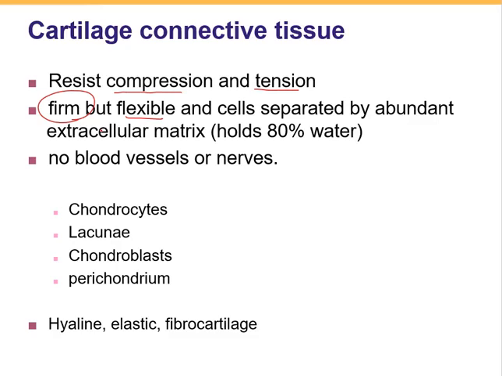Cartilage consists of cells and extracellular matrix, as it is a connective tissue. So we have to define cells and extracellular matrix for the cartilage. The main cells of the cartilage are called chondrocytes. So we have chondrocytes and chondroblasts.